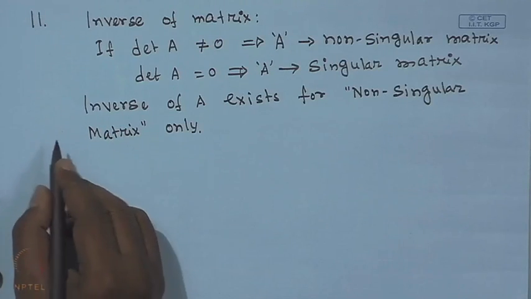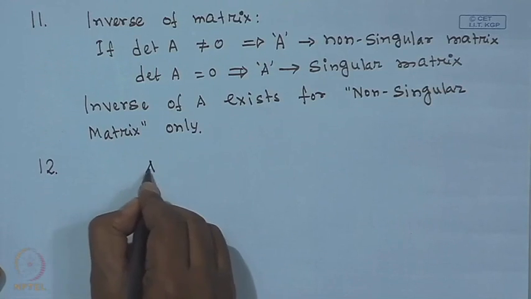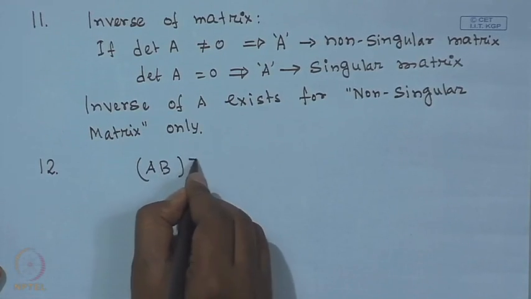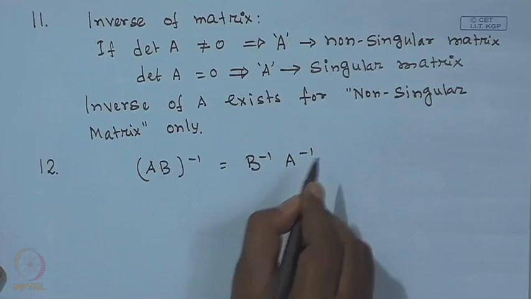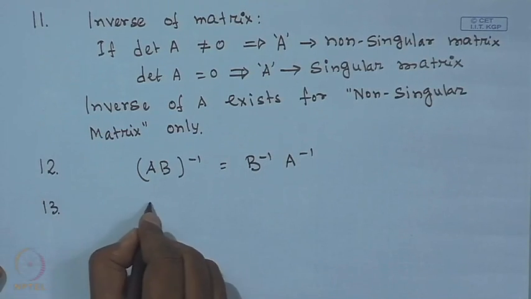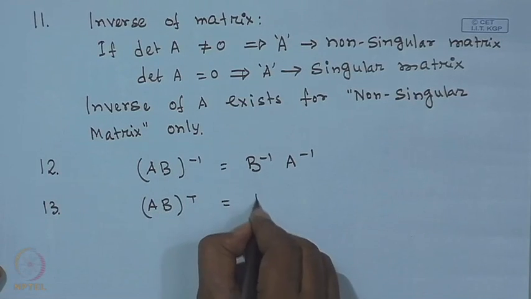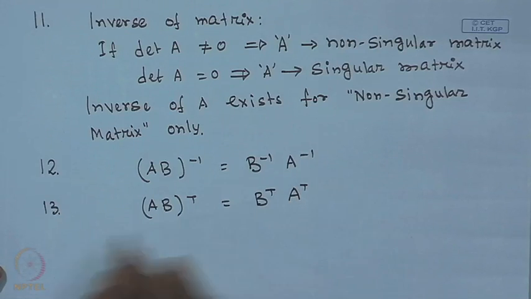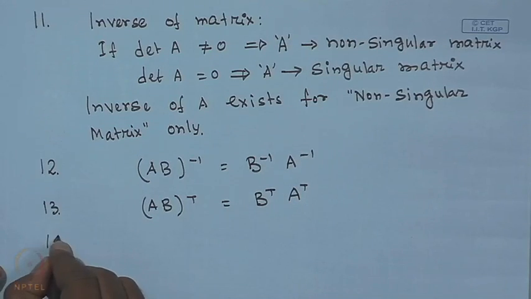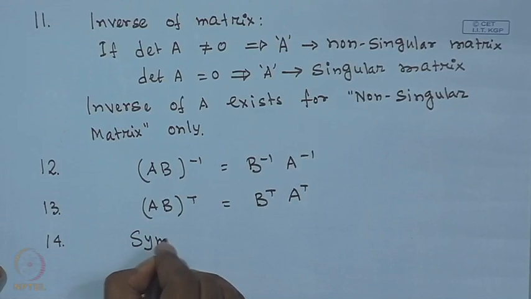Next, we look into some more properties. (A B) inverse is nothing but B inverse A inverse. (A B) transpose is nothing but B transpose A transpose. Then we talk about the symmetric matrix.